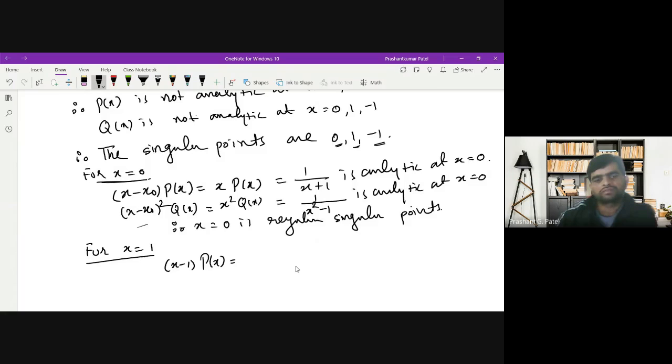What is this function? You will get 2 into x minus 1 upon x square into x plus 1.